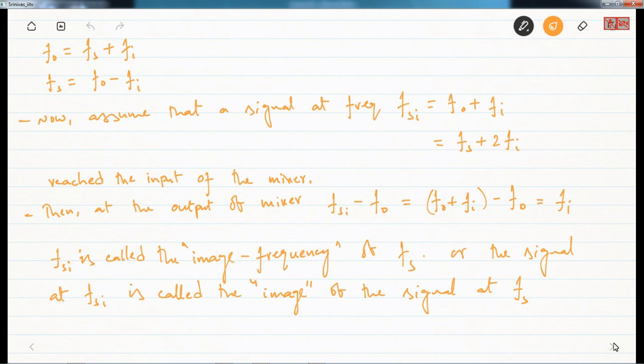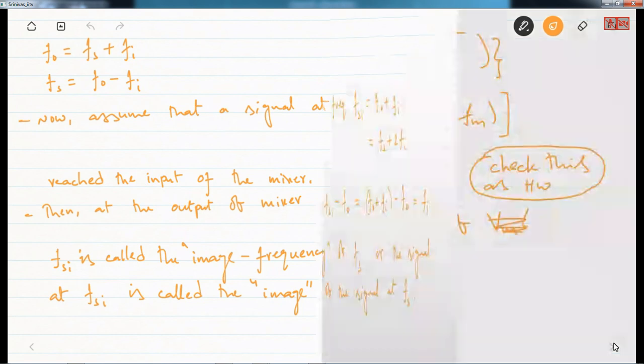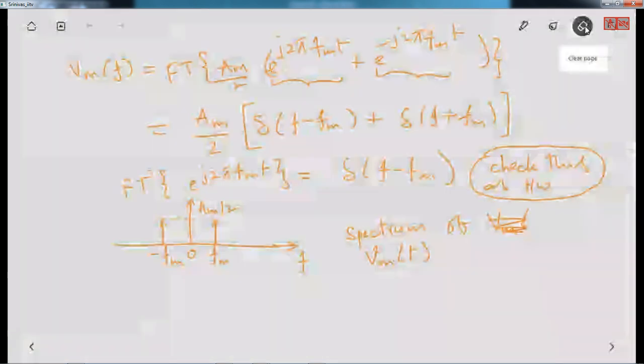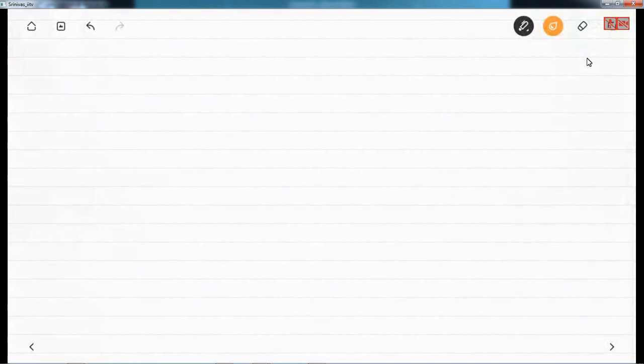Now we said that the RF stage, the very first stage of the superheterodyne receiver, may or may not have an RF amplifier.